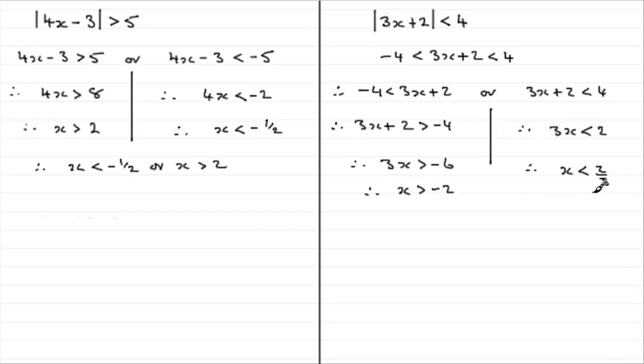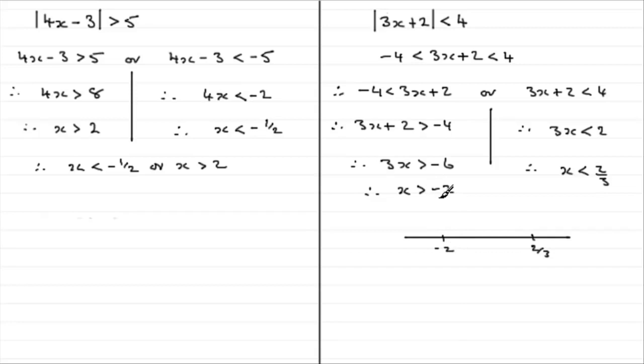So bringing these two solutions together, we've got x has got to be greater than minus 2 but less than 2/3. If we were doing this on a number line, we would have that there's our 2/3, there's our minus 2 down here.